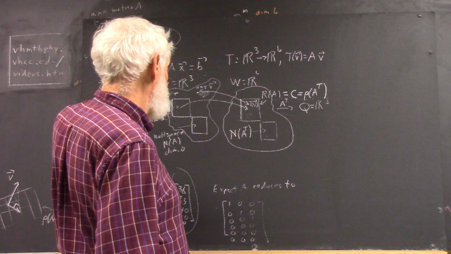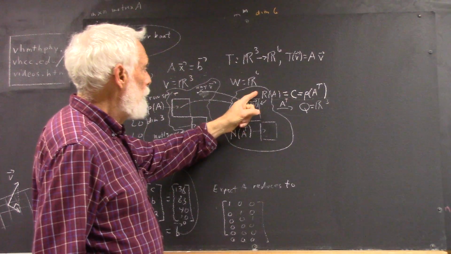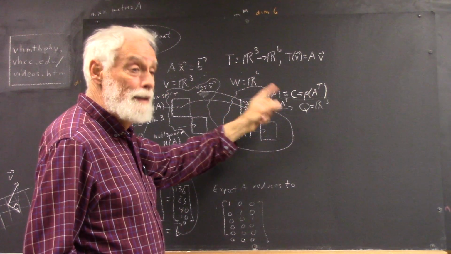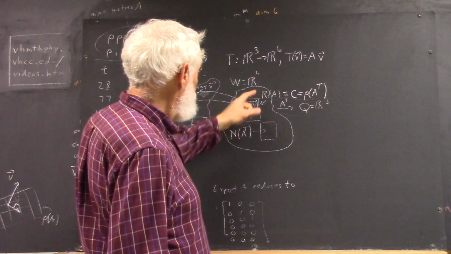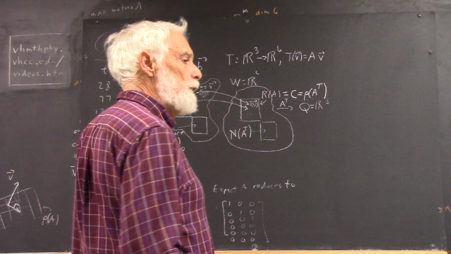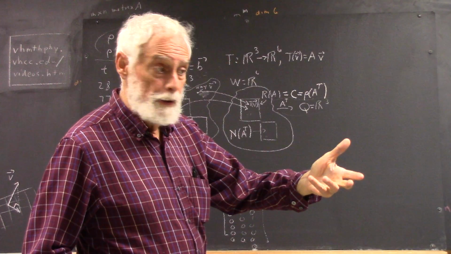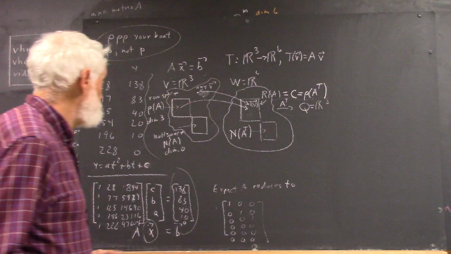And this subspace is called the range of A. R of A means range of A, not row space, but range of A. And that would be very easy to confuse if I didn't have a notation for the row space of A. Your text doesn't have a notation for that.